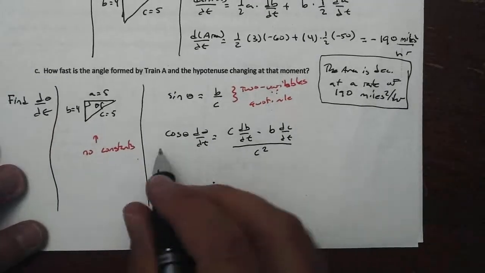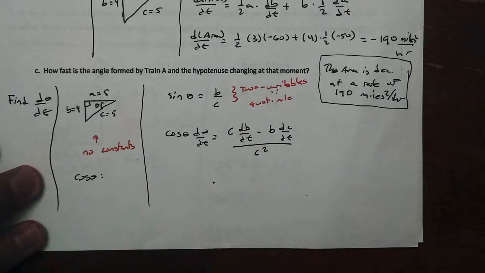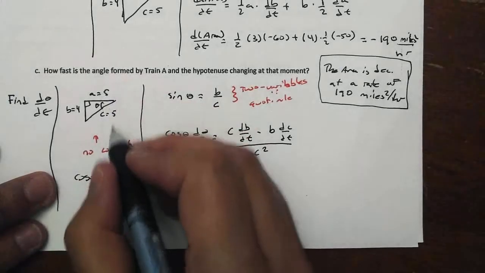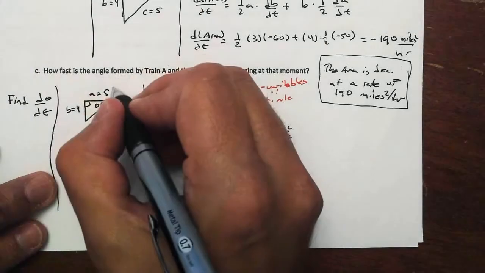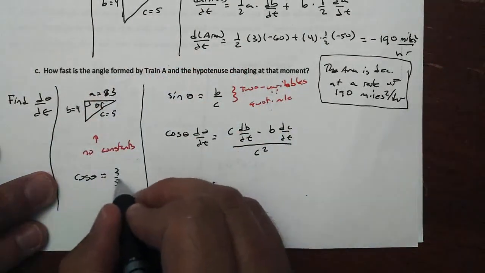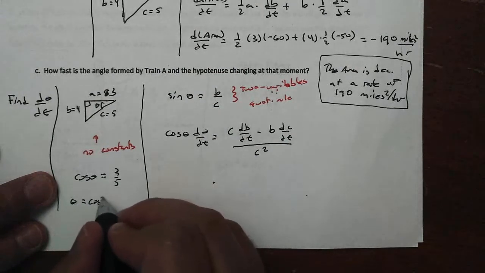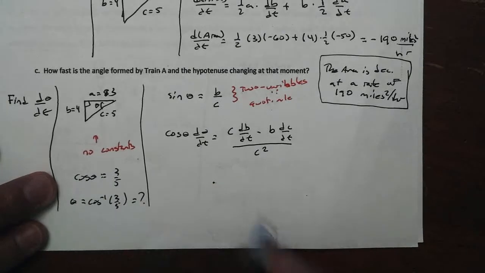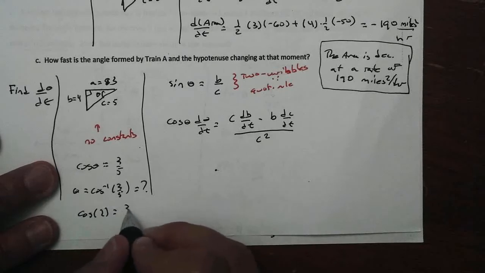Now, some of you are thinking, Mr. Werner, how do we get cosine of theta? Do we have to find the angle first? No, you don't. Please don't ever do that. Please don't say cosine of theta is the adjacent over 5, oh no, that was a 3. It's a weird looking 3 right there. That should be 3 over 5. So I would do theta equals the inverse cosine of 3/5. And you would get some angle right there. I don't know what it is. And then you would say the cosine of that angle is what?